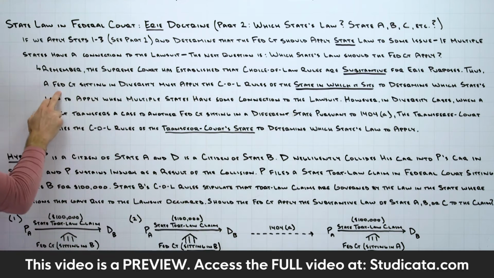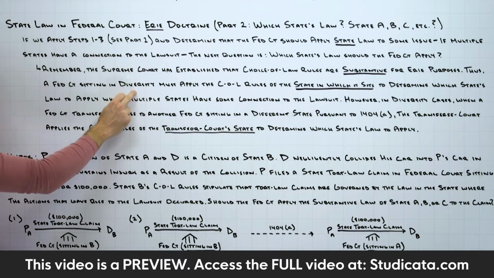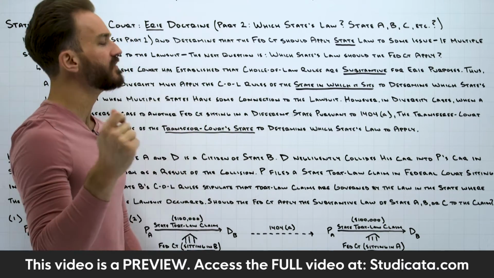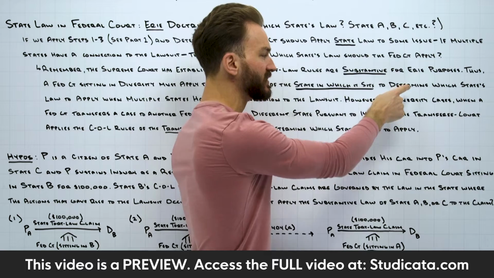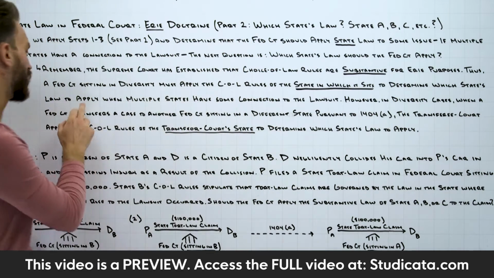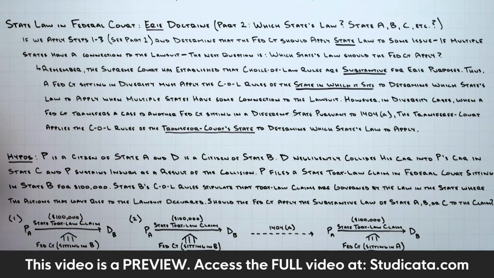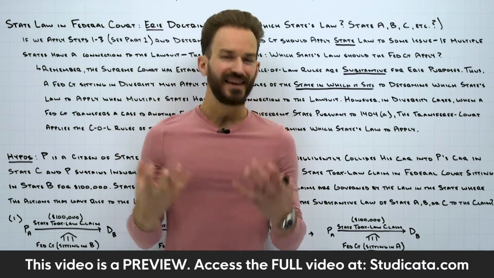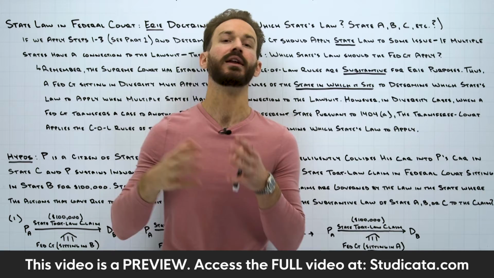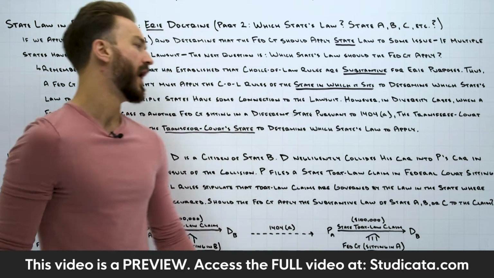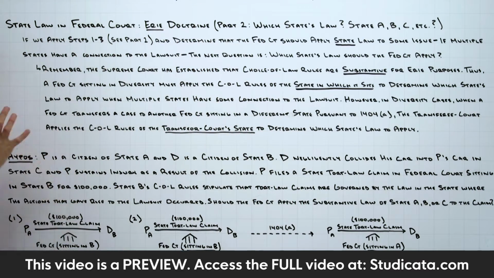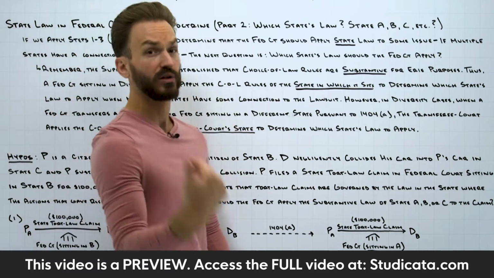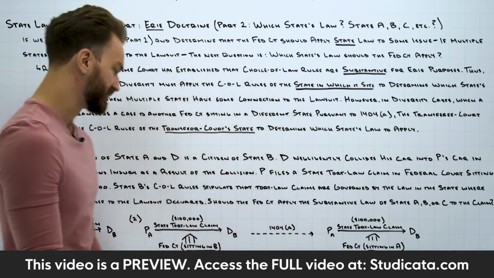Therefore, a federal court sitting in diversity must apply the choice of law rules of the state in which it sits to determine which state's law to apply when multiple states have some connection to the lawsuit. So the best way to see this is just to break down an example. So let's just jump to our example, our hypothetical we have on the board here. And I think choice of law rules will start to become more clear as we just work through examples.